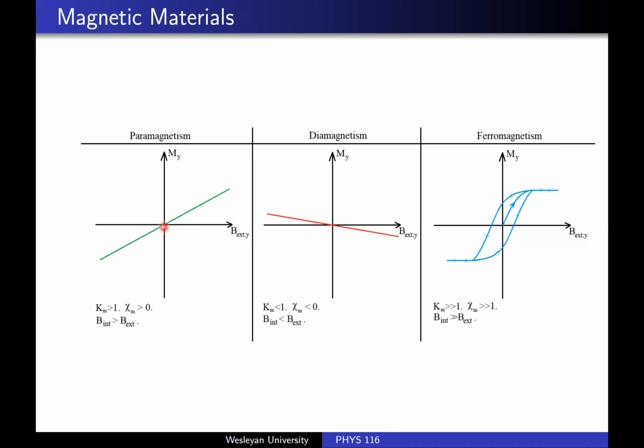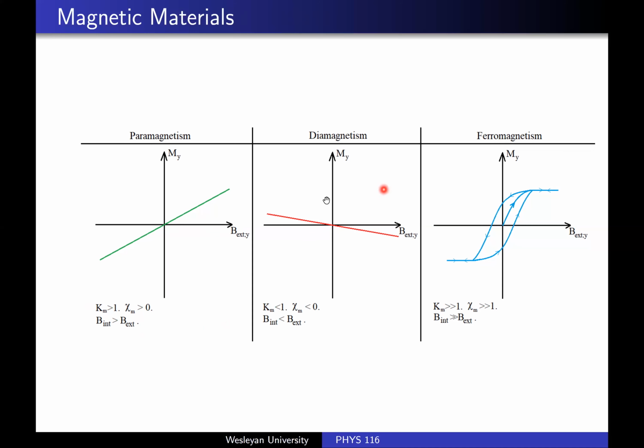If you start applying magnetic field in the opposite direction, then the magnetization starts going in the opposite direction as well, because again, the dipoles want to align with the field. So we have Km greater than 1. B internal is greater than B external because of the contribution of the magnetization. And chi m is greater than 0 because Km is greater than 1.